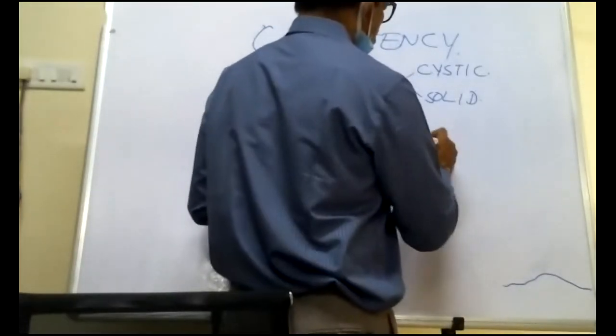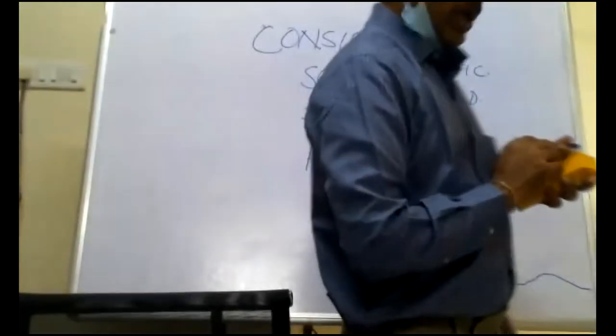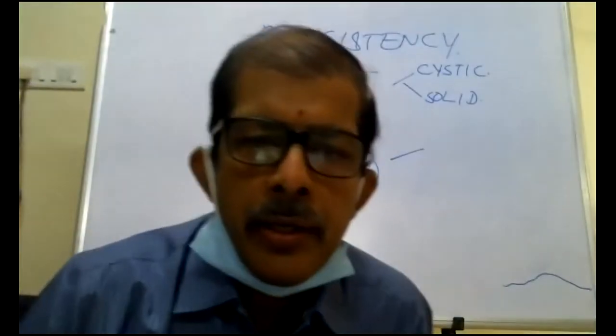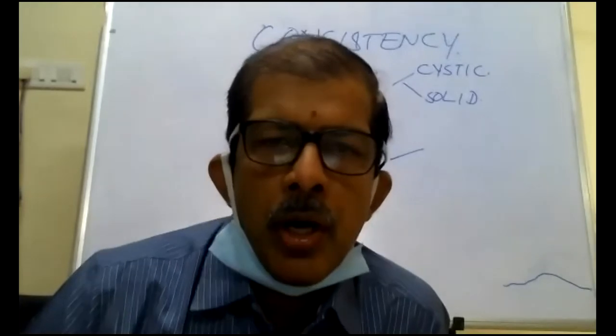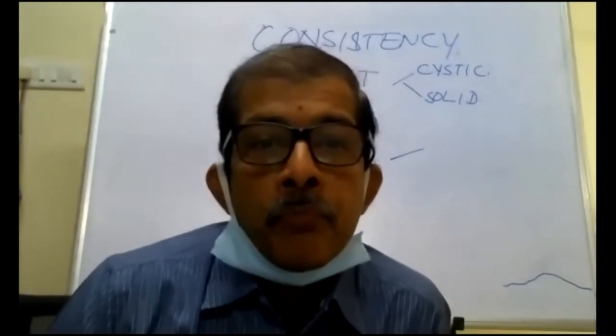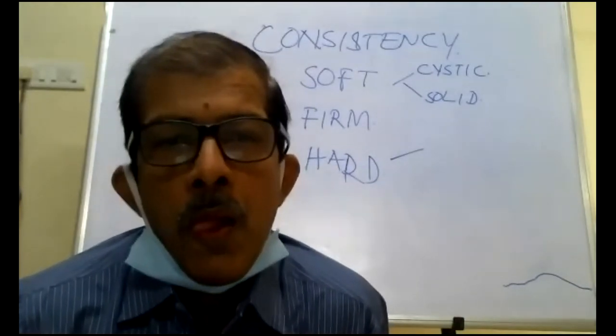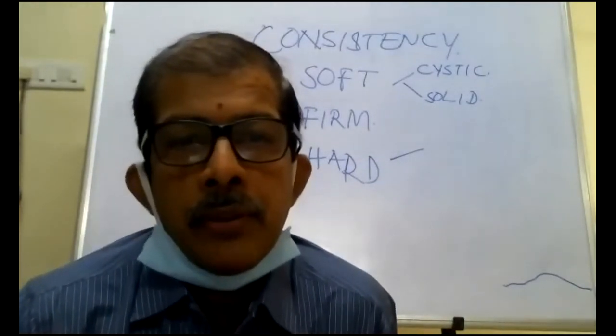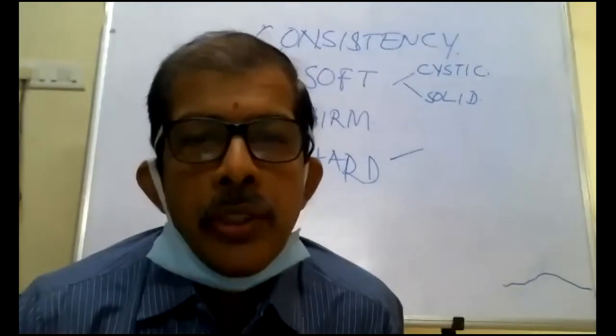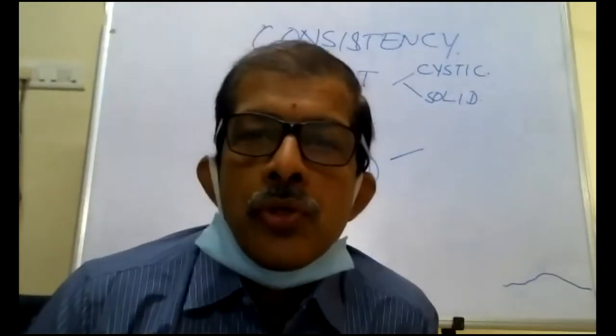Similarly, hardness. Hard, how do we classify hard? Can anybody tell me? Hard, how do we classify? Yeah, bony and another one? Stony and bony, correct. So stony hard and bony hard. So which is hardest?